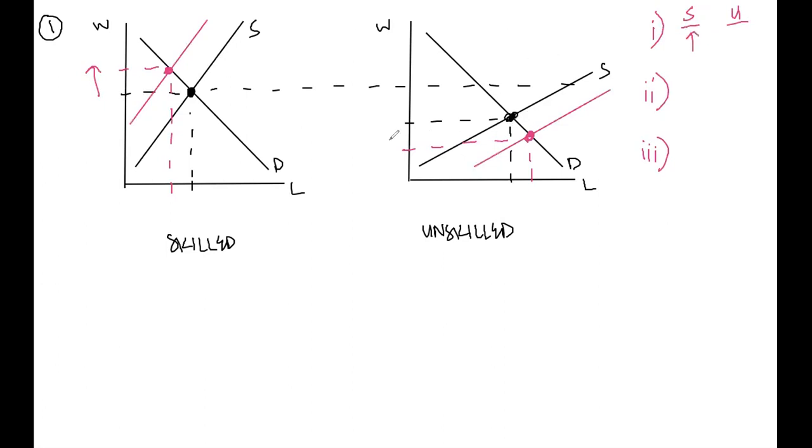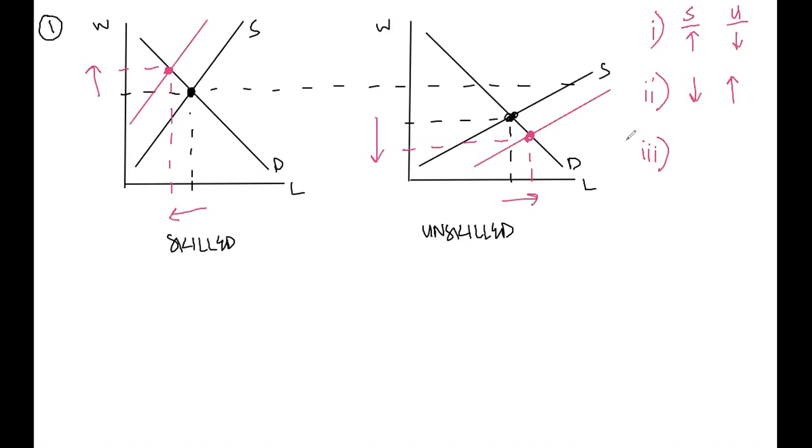In the unskilled market, we can see that this equilibrium wage decreases. Number two is about the level of employment. Going back to the left graph of skilled, we can see that the employment decreases, but in the unskilled market, the employment increases. And then finally, it says the level of inequality.